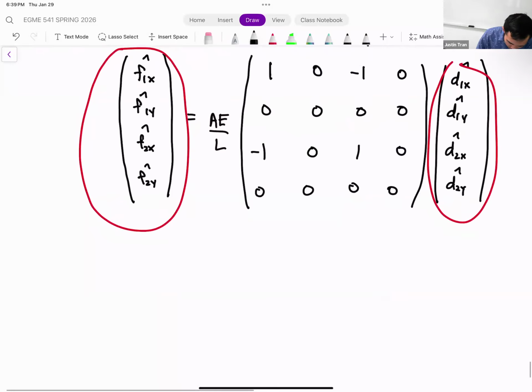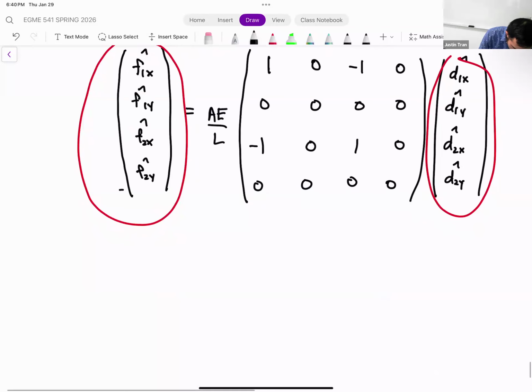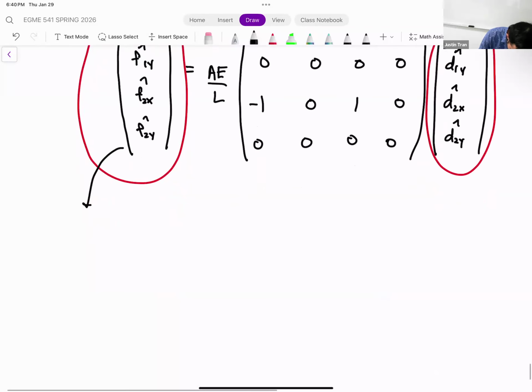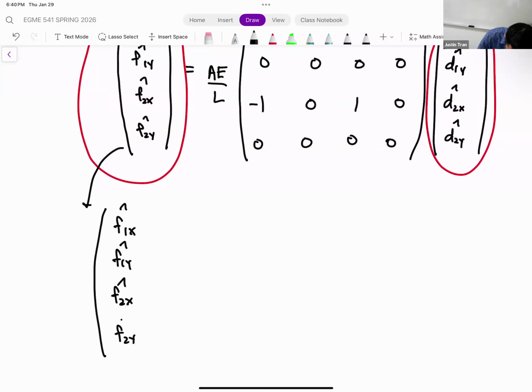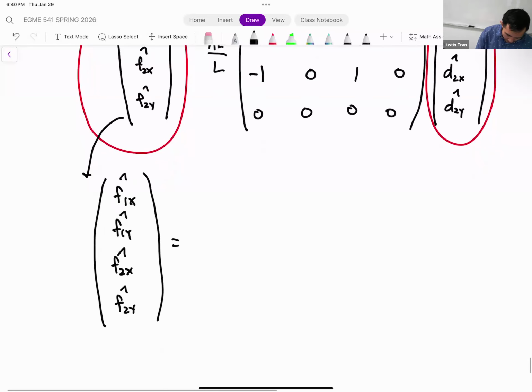So for example, let me show you. If we take this F vector here, we have F1x hat, F1y hat, F2x hat, F2y hat. Eventually we want to transform this into the same version without the hats.